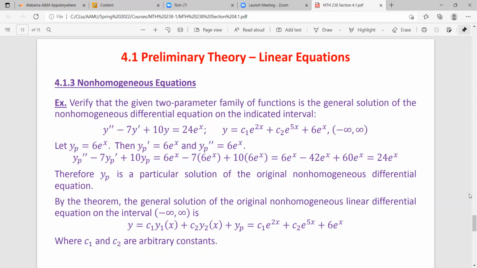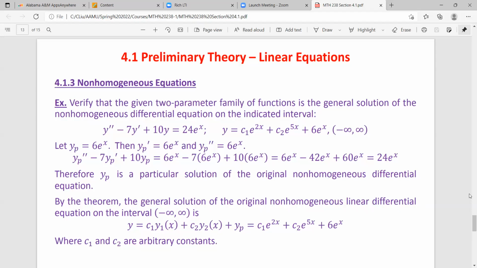That means the two functions are linearly independent. So according to the theorem we learned before, you just need to take the linear combination of the two functions, and that will give you the general solution of the associated homogeneous equation. So that's c1 e to 2x plus c2 e to 5x. We already did that before, so we're not going to repeat it here.